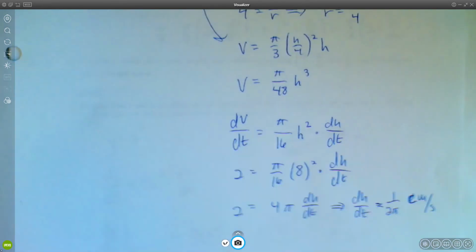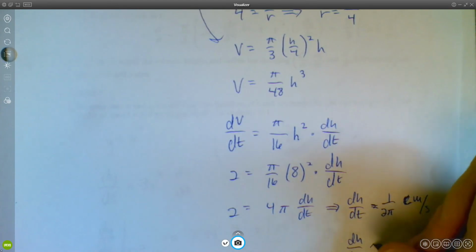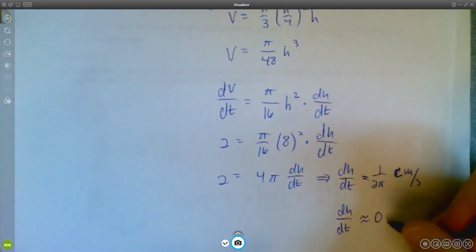Let's see about how much that is. So dh/dt is approximately 1 over 2 pi. That's about, we'll say, 0.16 centimeters per second.